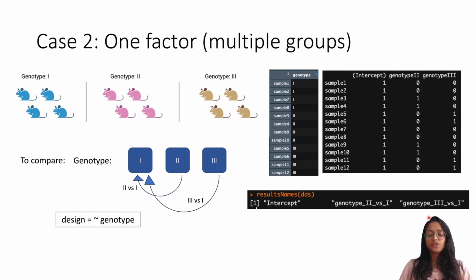So this essentially achieves what we were hoping to identify or get from this experiment. So if there is comparison between multiple groups in one factor, then we would still essentially provide just that factor to the design to perform comparisons across the groups.